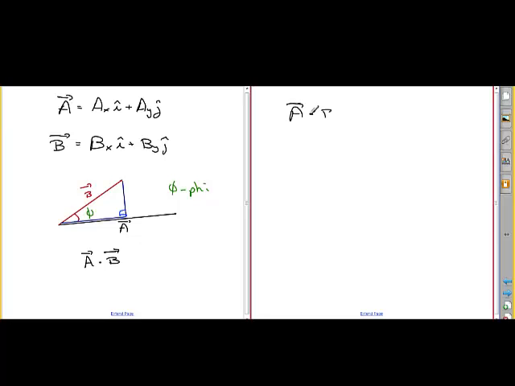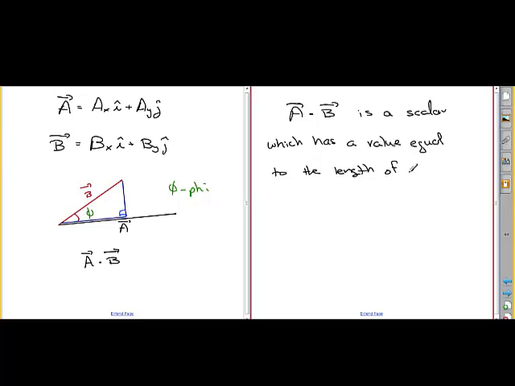A vector dotted with the B vector is a scalar which has a value equal to the length of, now it can be negative, so it can be positive or negative, but it doesn't have a direction.